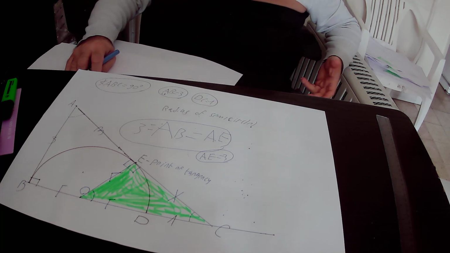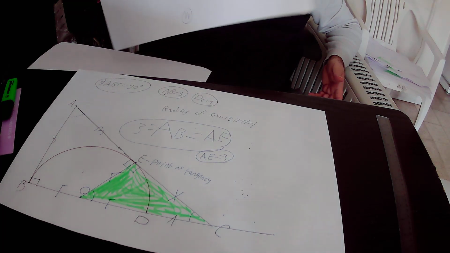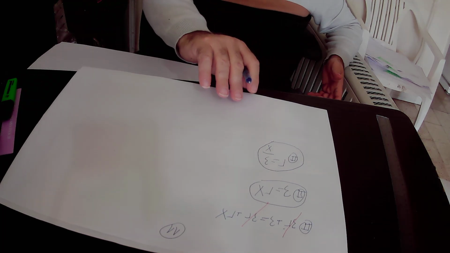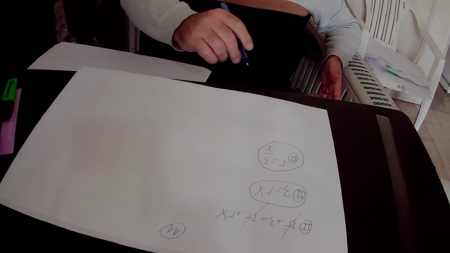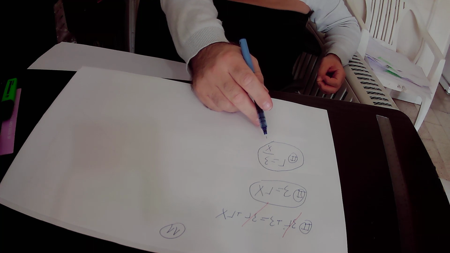A side of a triangle can never be 0. Therefore, we are allowed to divide equation number 2 by x, because x can never be 0. Okay, so we found out that R, the radius of the semicircle, equals 3 over x.